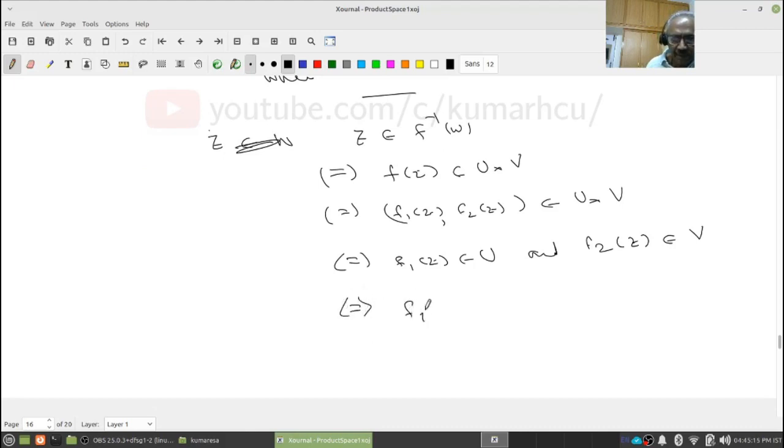This means z belongs to f1 inverse of U and z belongs to f2 inverse of V. Do you follow this?